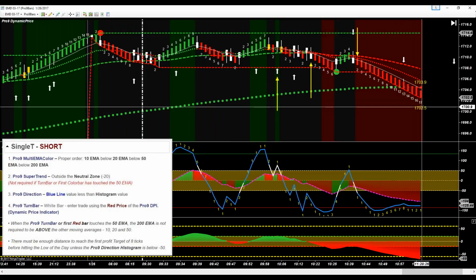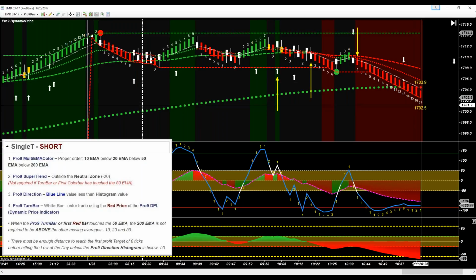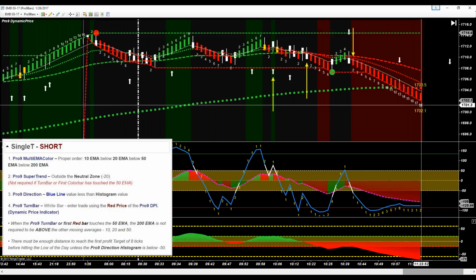Then we get stopped out by another wick, and we hop in that trade as well, and then the next bar is a turn bar, so we take a full stop. And as hard as we've tried to find a way to avoid those, there's just not a way to determine when the end of the run is coming. So something to be aware of.